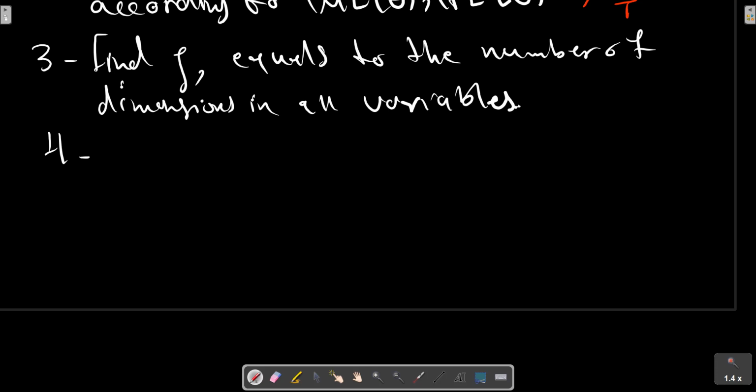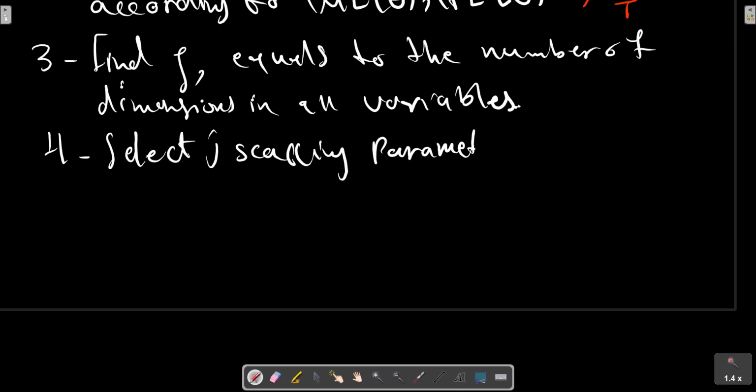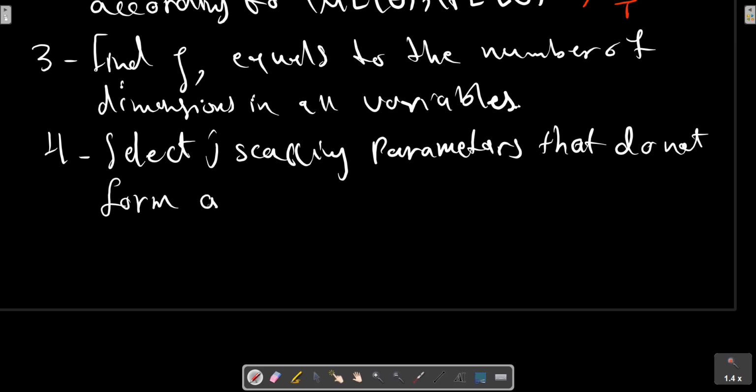Step 4: Select j scaling parameters that do not form a pi product.